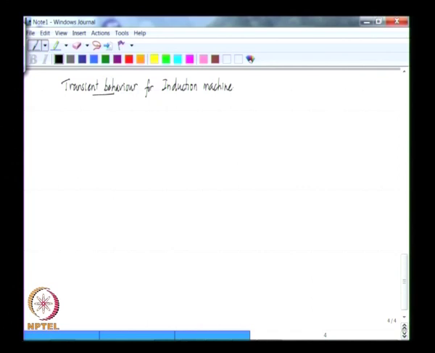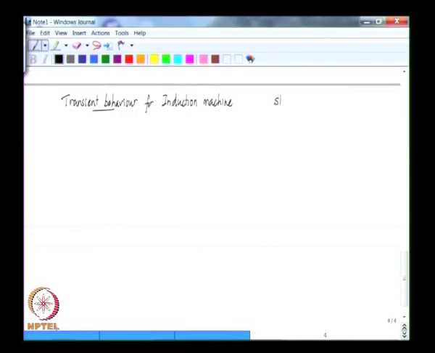If you remember the equations for the induction machine, one has to first take stock of what reference frame you are going to do the solution in. Now, we have seen that for the induction machine we have used many reference frames. We have looked at the stator attached reference frame. This can be the natural frame itself or the alpha beta 0 reference frame.